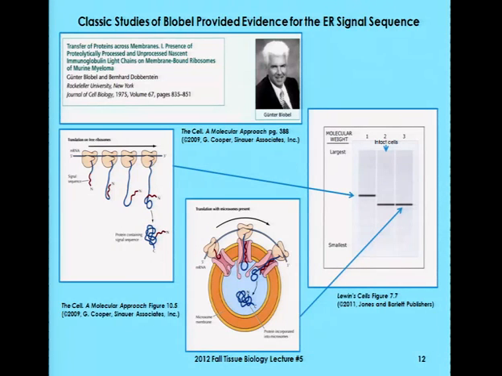Now, human cells face quite a challenge to position their proteins. Our cells make more than 10,000 different proteins. In fact, some of our cells contain 1 billion proteins.